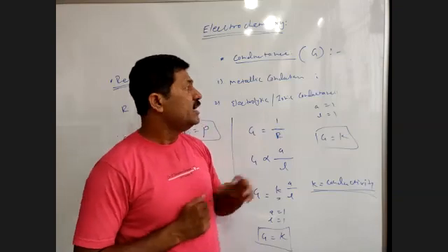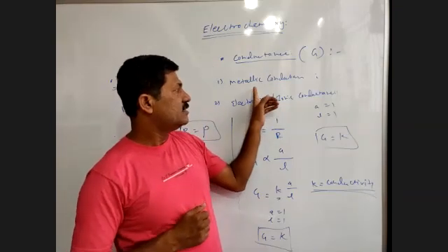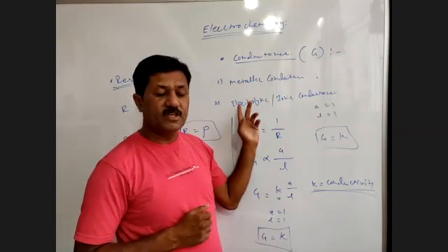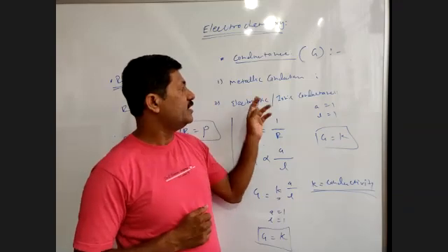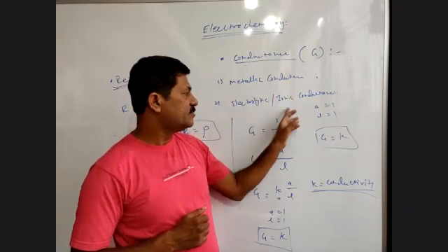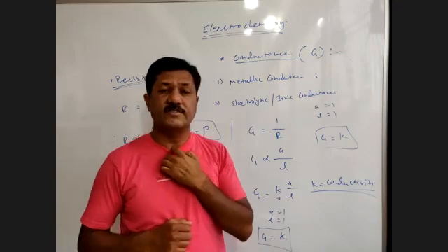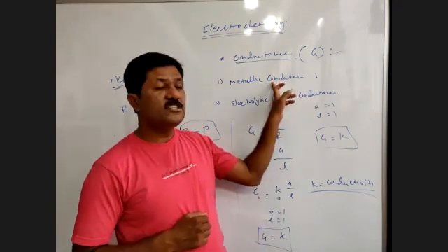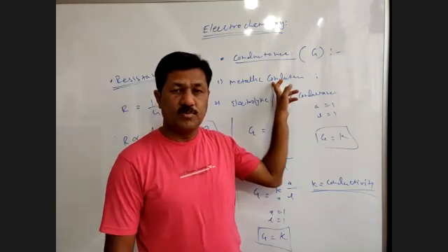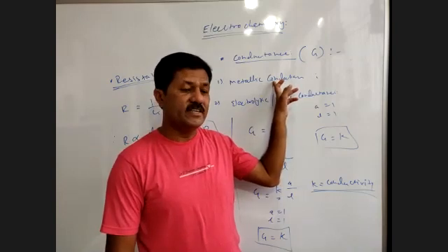We know very well this conductance occurs in two different ways, and that's why two different conductances are given here. Number one is metallic conductance, and number two is electrolytic or ionic conductance. Whenever charge transfer occurs with the help of electrons through the material, that is called metallic conductance.